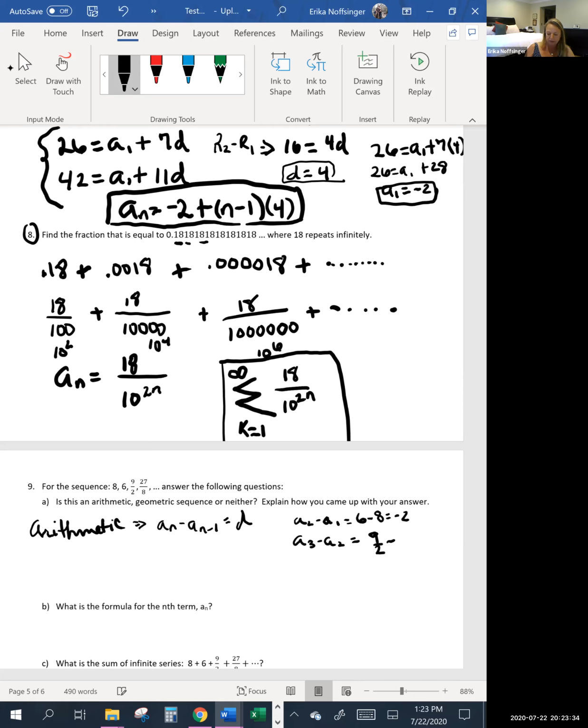Let's get a common denominator: this is the same thing as 9/2 minus 12/2. 9 minus 12 is negative 3, so this would be negative 3/2. Notice that when I took the difference of two terms right next to each other, we did not get back the same value. So it's not arithmetic.